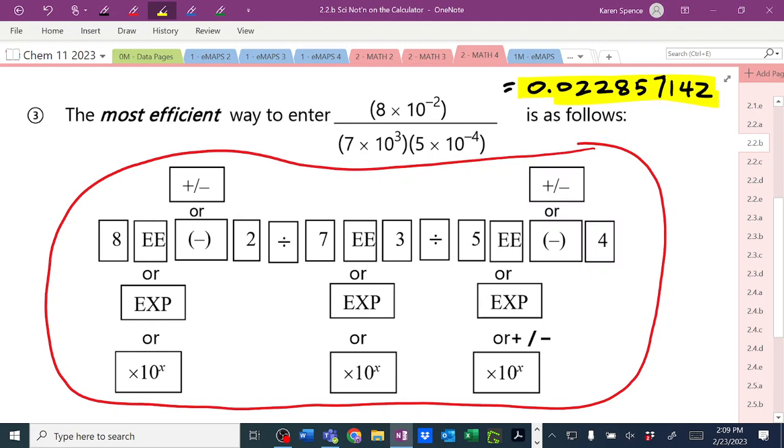Let's start with 8 times 10 to the negative 2. So 8 times 10 to the, this one here, and then negative, this one here, 2. Okay, and then divided by 7 times 10 to the 3. So check that one. 7 times 10 to the, you don't need a negative, yeah, 3, perfect.